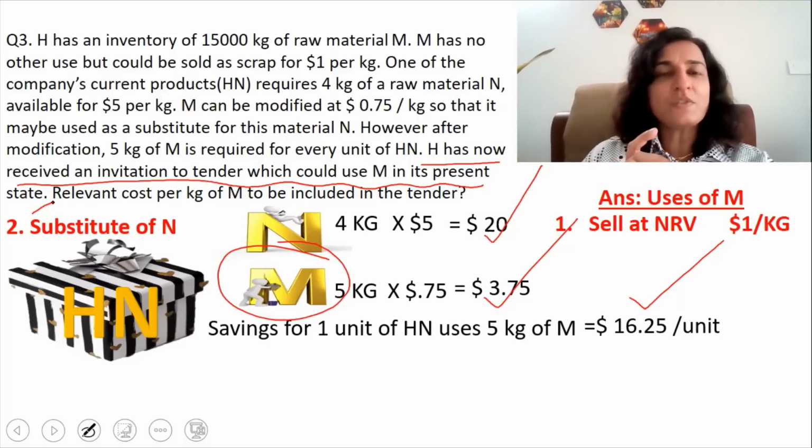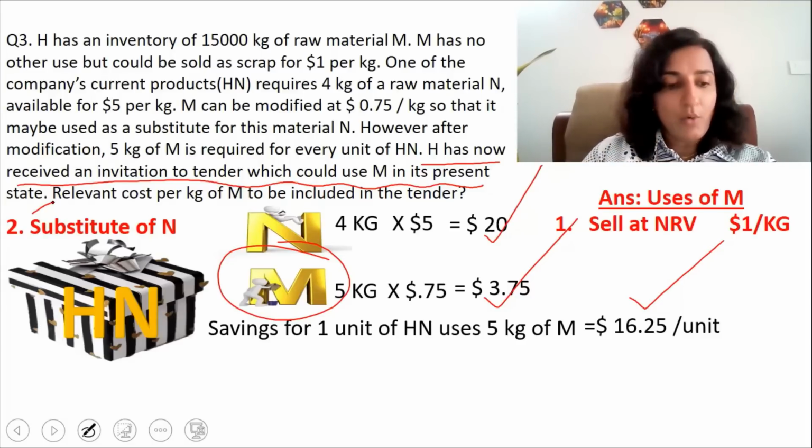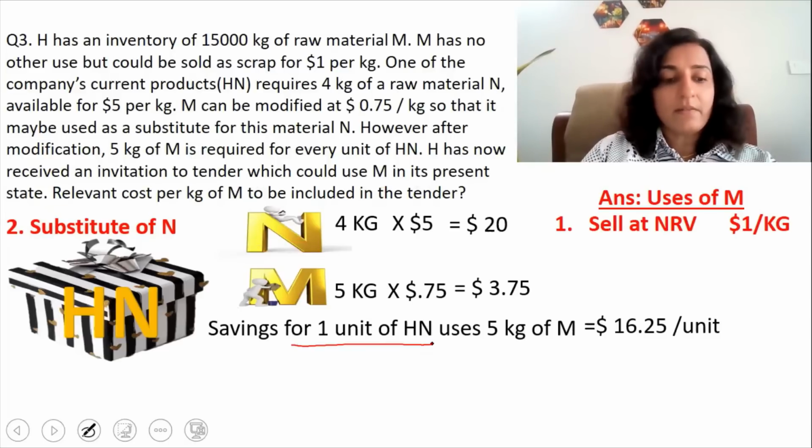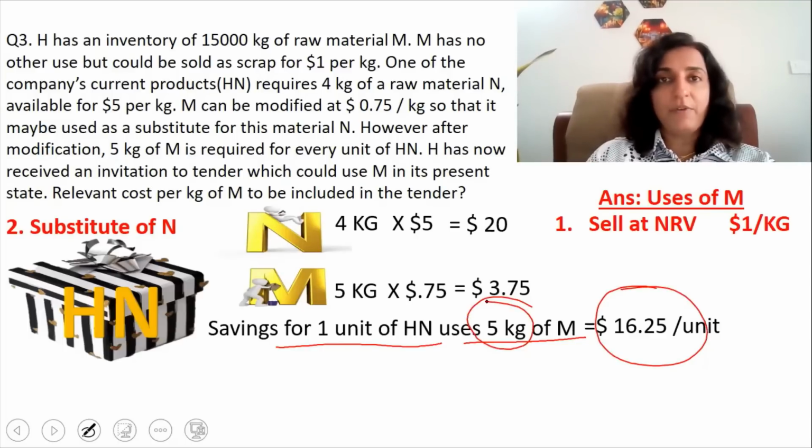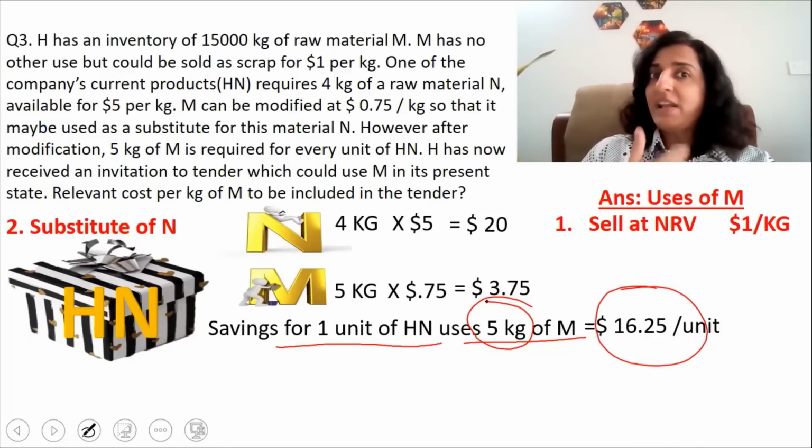We have to find out what is the savings that M earns now. Right now, what have we arrived at? Savings for 1 unit of HN, which uses 5 kg of M. So what is the savings for 1 kg of M? It is 16.25 divided by 5.